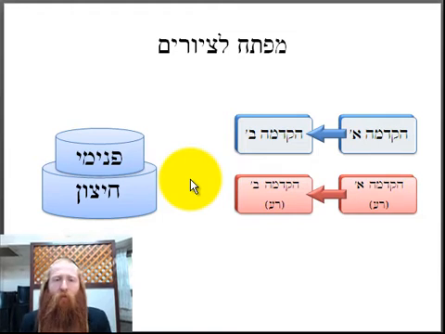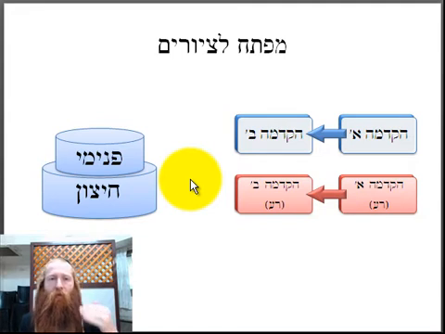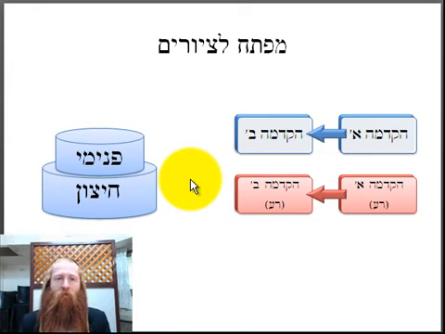This is how we're going to show levels upon levels, sometimes 3 or 4 levels, how one thing is deeper than the next. Each thing that's higher on this chart, on these cylinders, is going to be deeper and more pnimius, and everything that's lower or more external is going to be more chitzonius.